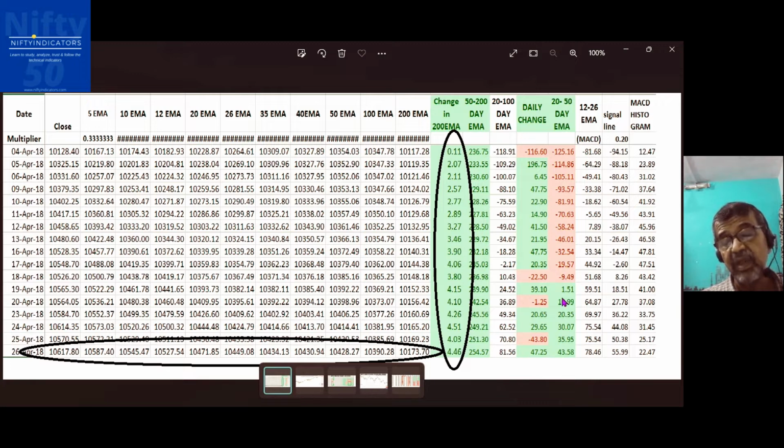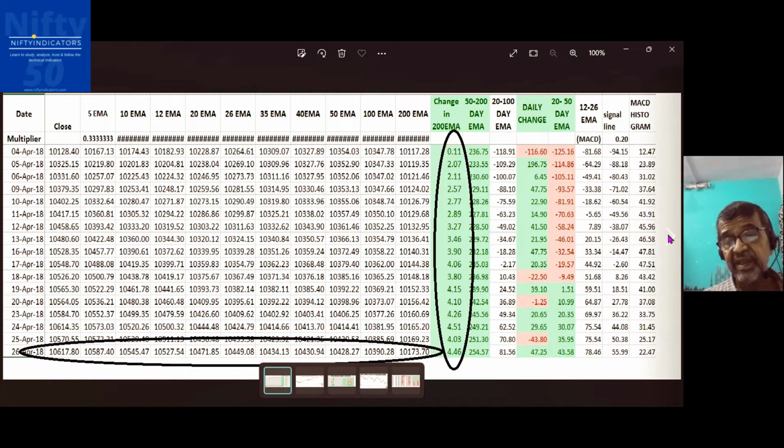Then it is making a golden cross on 19th of April 2018, and that is a signal for us that market is going to shoot up, and market will start shooting up from there. That is the benefit of using this chart.